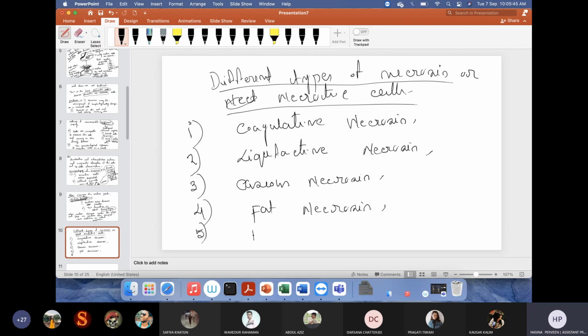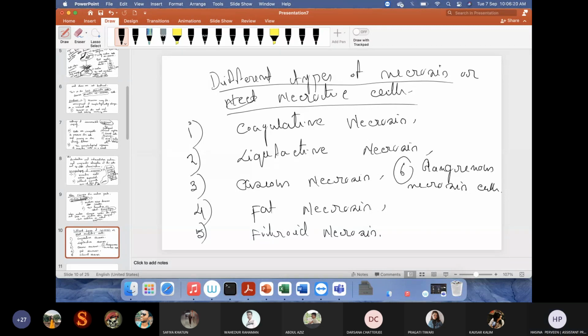Number 5, fibroid necrosis. Number 6, and this is the last, gangrenous necrosis cells. So coagulative necrosis, liquefactive necrosis, caseous, fat, fibroid, and gangrenous.